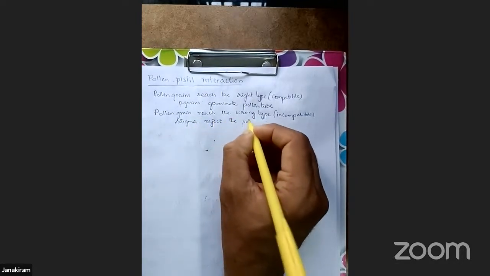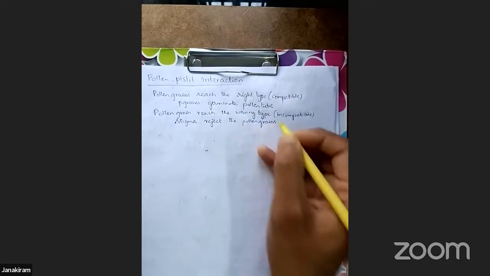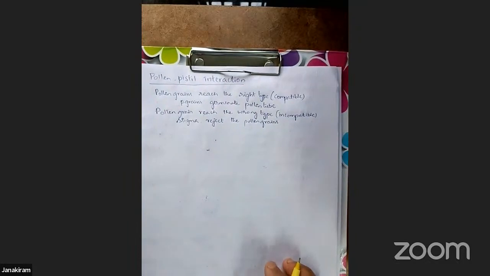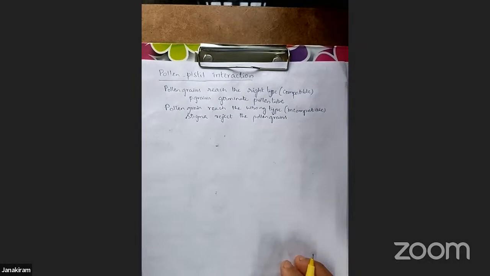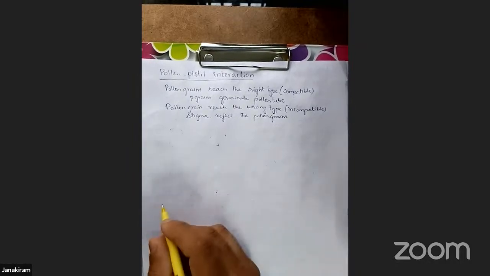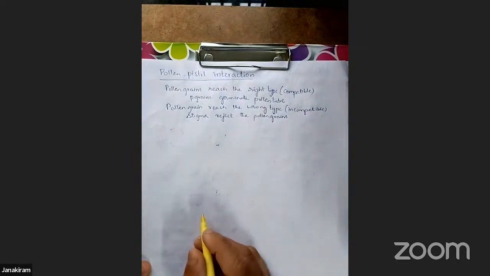So what do you mean by rejecting the pollen grains? Rejecting the pollen grains means the stigma does not allow the pollen grain to germinate and produce the pollen tube. Actually, when the pollen grains reach the stigma, there is a dialogue between the stigma and the pollen grains. So there's a continuous dialogue.